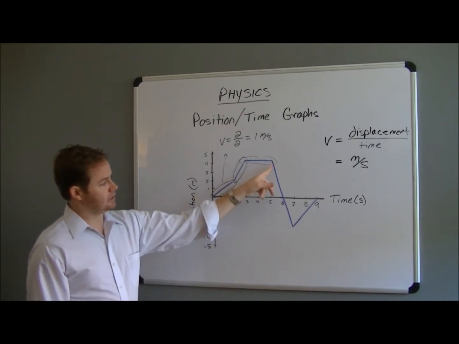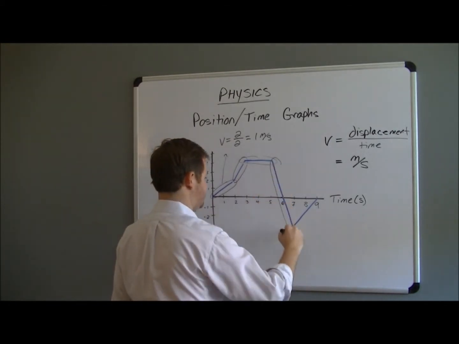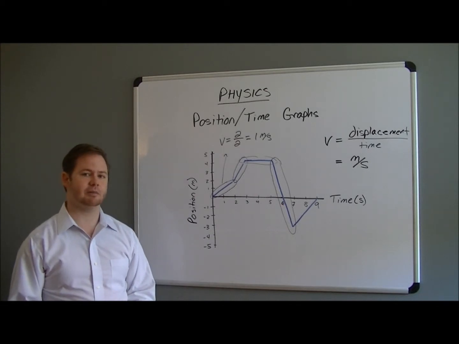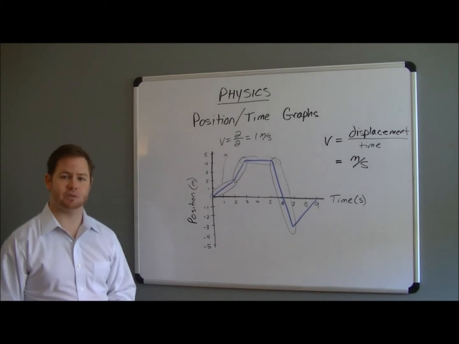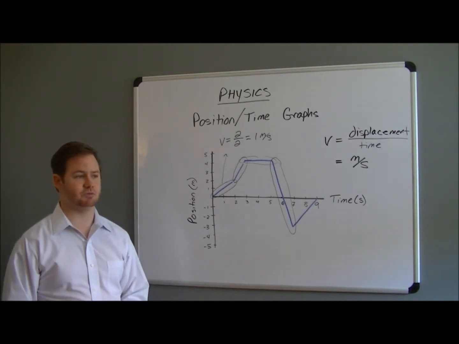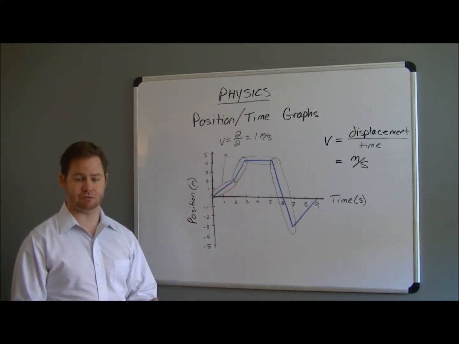Now, here we see that we have a negative slope for the first time. So if we look at this next portion, this long negative sloping line that we see here, let's talk about what a negative line means in terms of velocity. Because we think oftentimes of velocity in terms of how fast something is moving. So if you have a high velocity or a steep slope, you're moving very quickly.